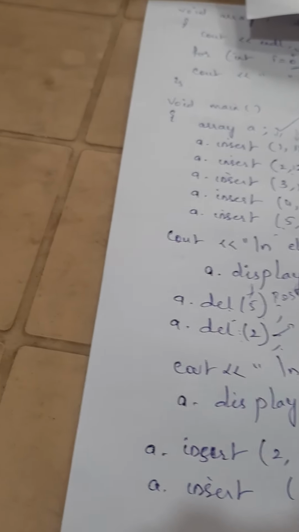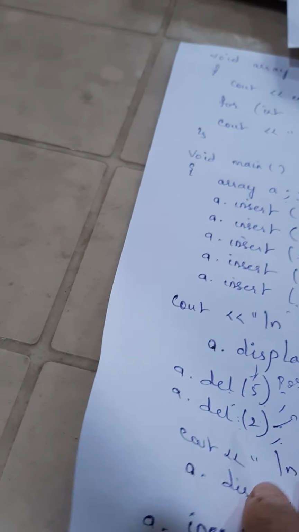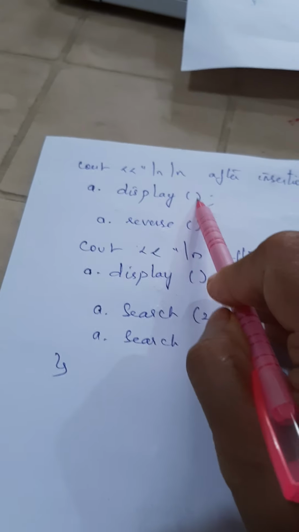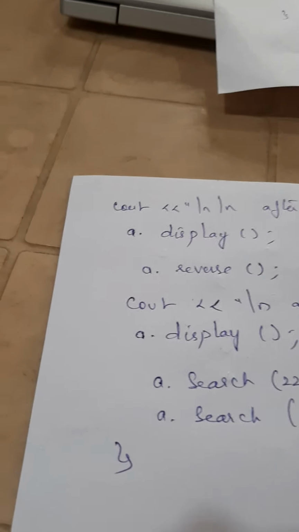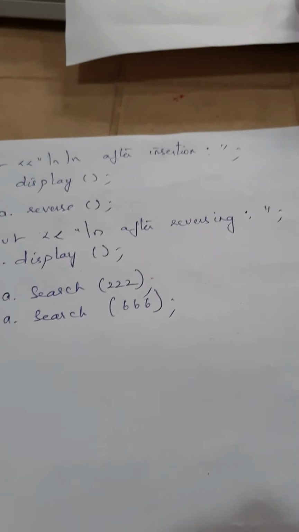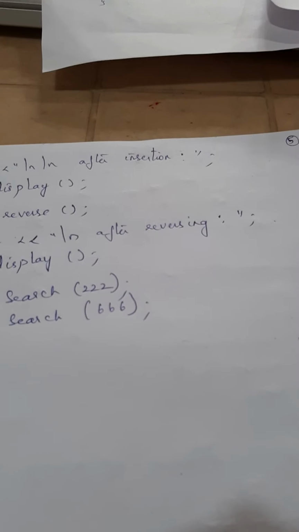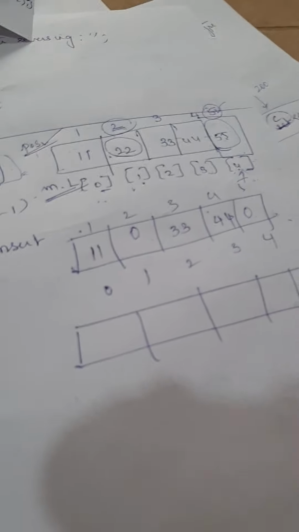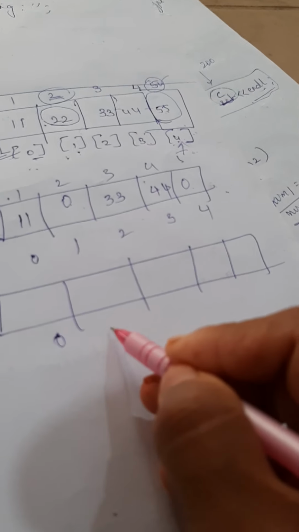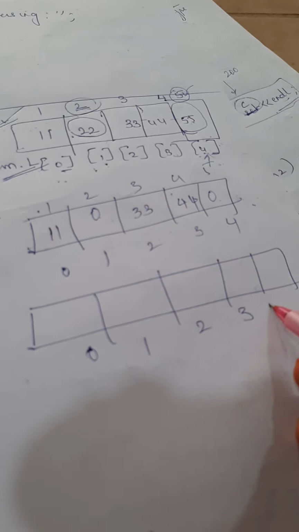Now after the values are inserted, what I am doing here? I am using the display function. After the elements are inserted, you are using the display function here again. So what is happening? A new array will be displayed wherein you will have the newly inserted elements. So you can see the new array here, 0, 1, 2, 3, 4.